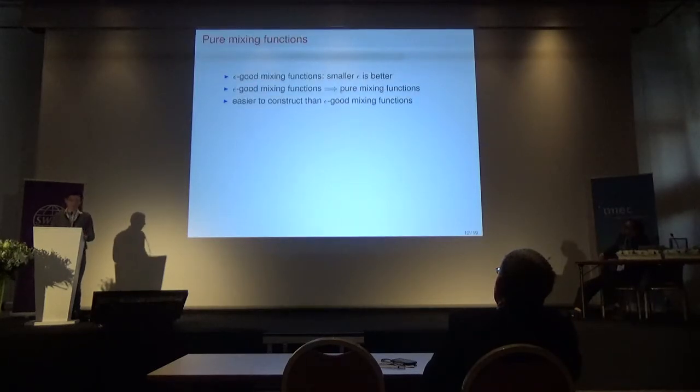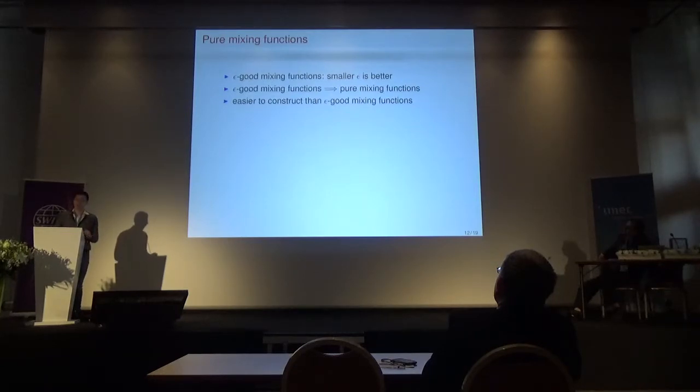As I already mentioned before, we used a mixing function that's simpler than the absolute mixing function. For an absolute mixing function, the security of this function depends on the value of epsilon. So the smaller the epsilon, the better the security. But for our construction, we don't need such a strong mixing function, so we can just use something we call a pure mixing function.